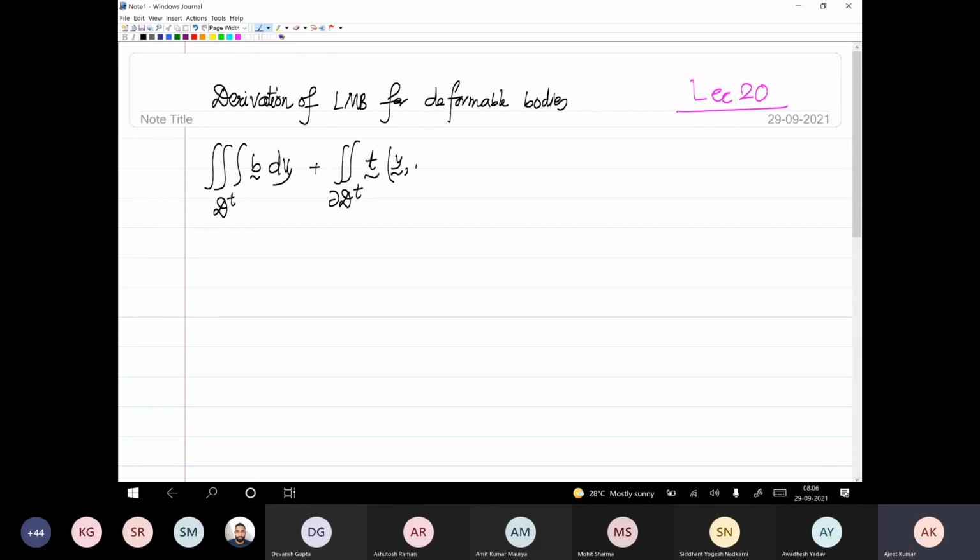And this traction is a function of y, t, and also the normal. Okay, this body force B is just a function of y and t. Okay, it's not a function of normal because there is no normal. It's inside the volume, right?